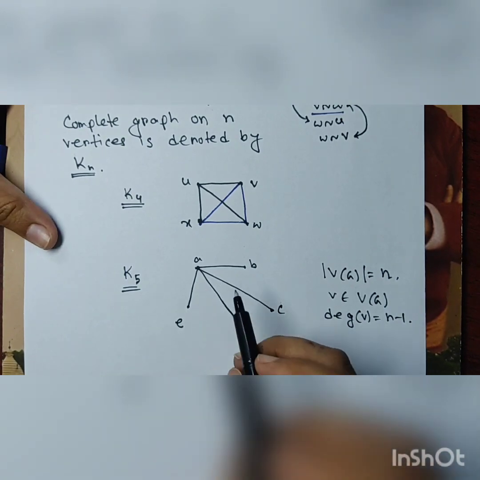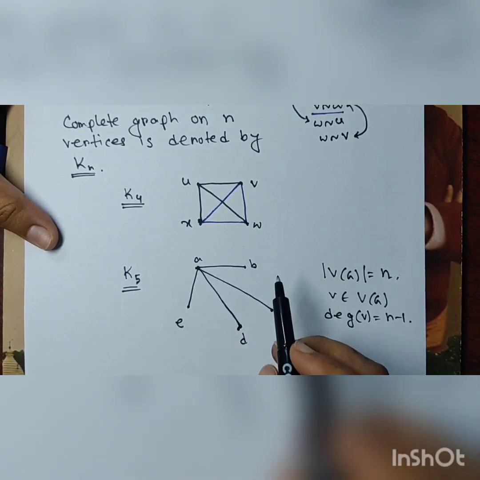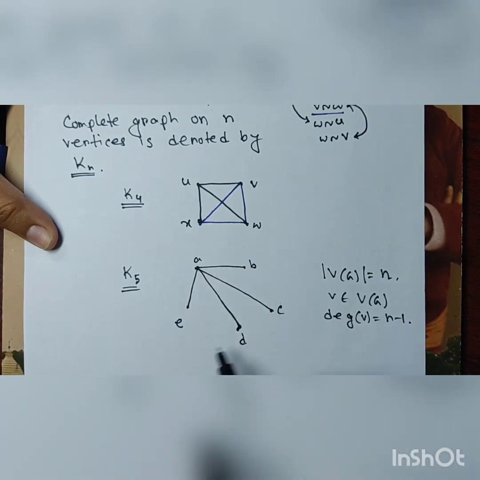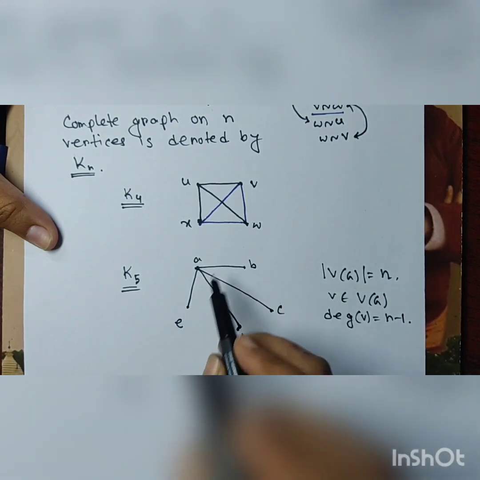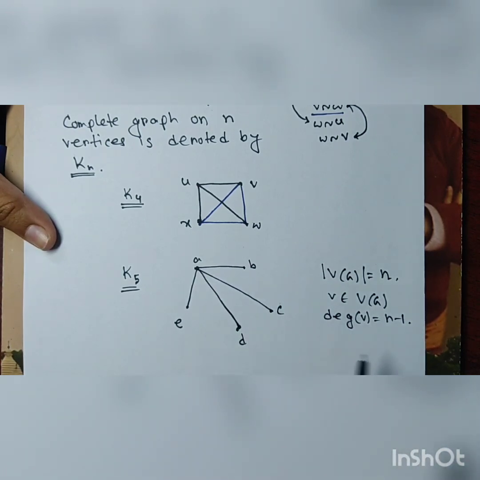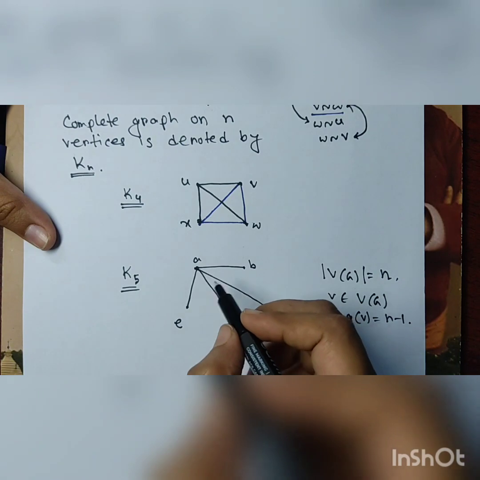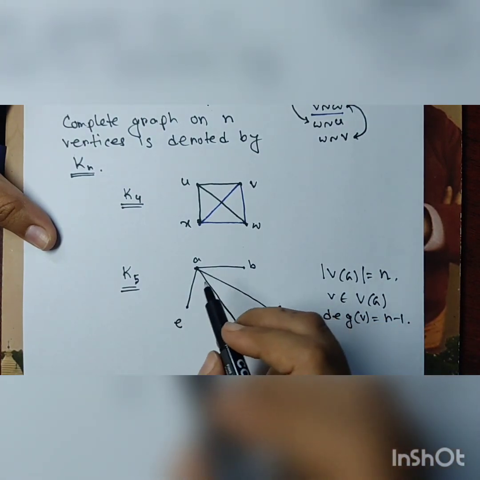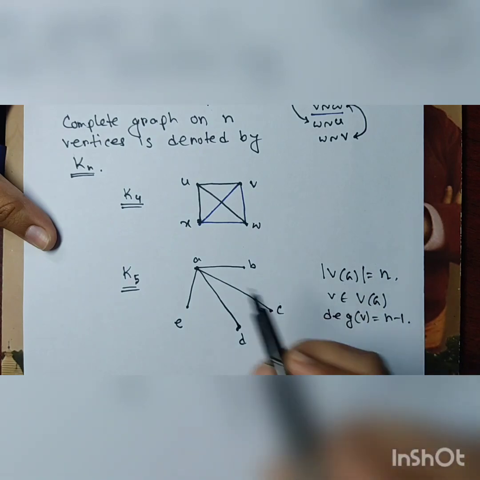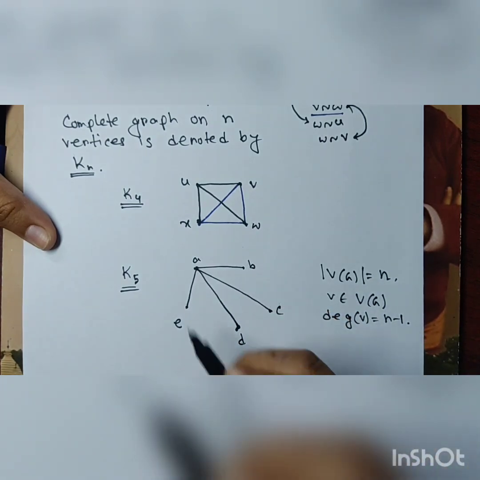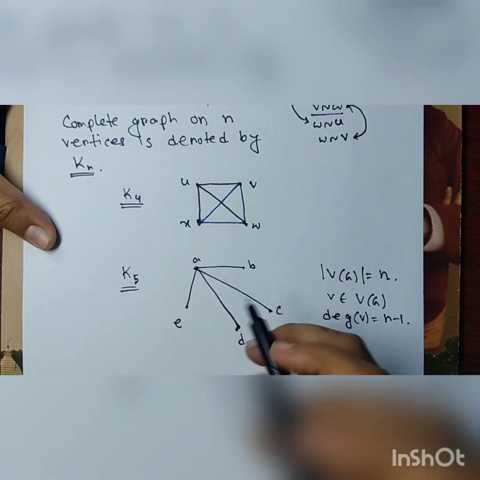Since the number of vertices is n, each vertex is adjacent to the rest of the n minus 1 vertices. For example, here A is adjacent to all other vertices, and the number of vertices is 5, so A is adjacent to 4 other vertices: B, C, D and E. So the degree of A is 4.